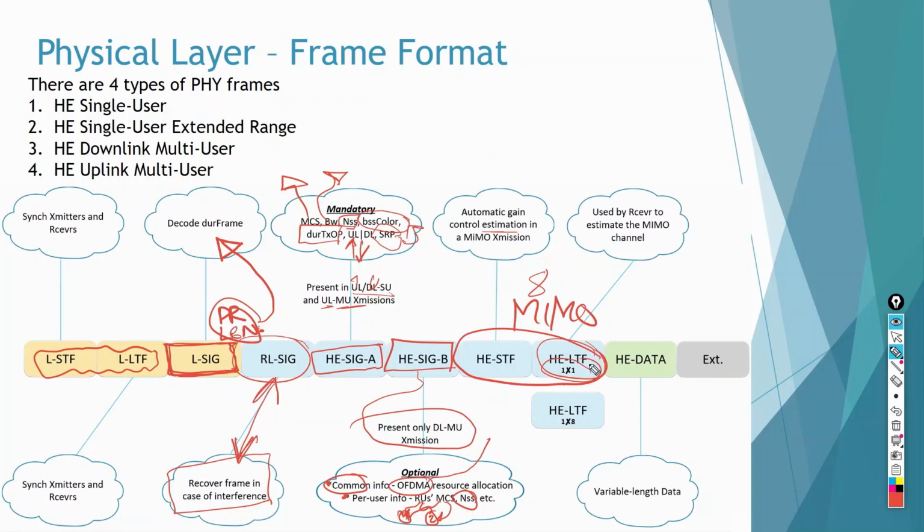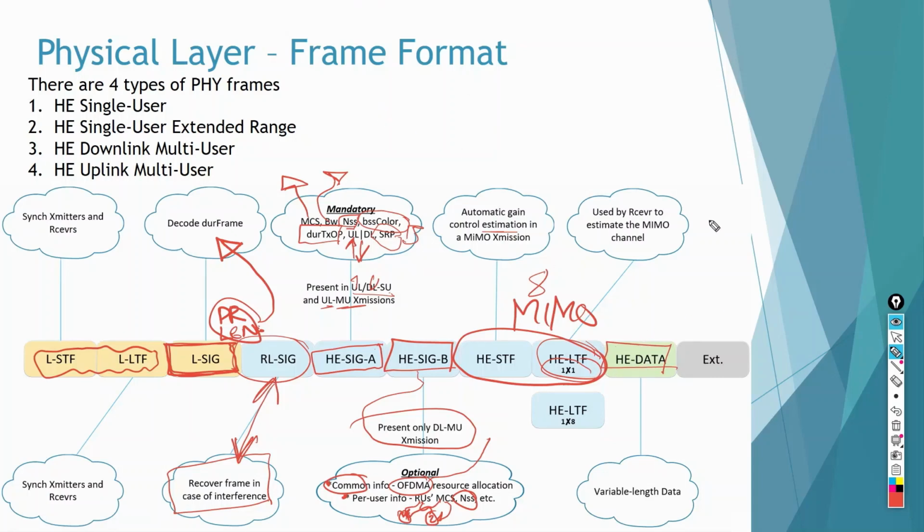So based on the number of antennas used in the MIMO operation, you would expect to see the same number of LTF fields in the frame format. The last part is the HE data, which is the actual data to be transmitted uplink or downlink.